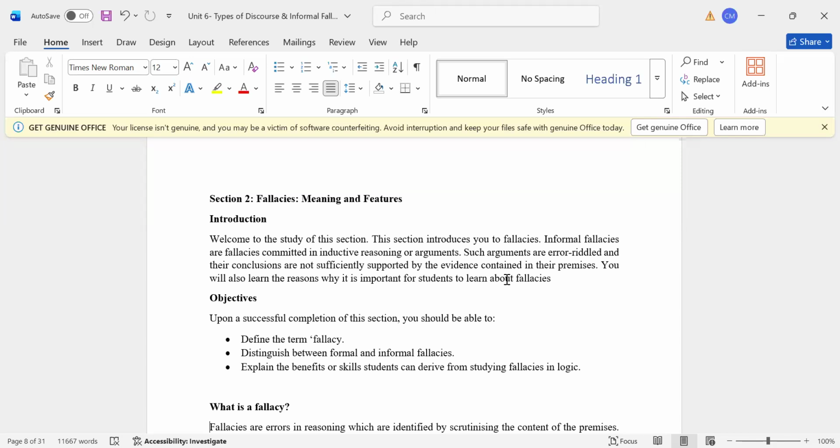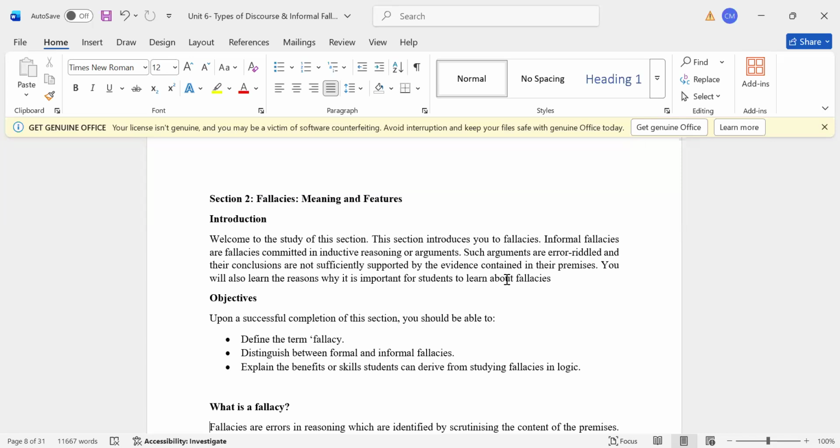Maybe next week when we come, we'll look at formal fallacies. Those ones are specific, based on the structure of the argument. So if I say 2 plus 2, we must get 4. That makes it valid. If I have 2 plus 2 based on the arithmetic and I get 5, it is a fallacy, and that is a formal fallacy.